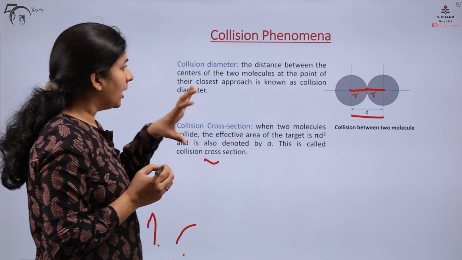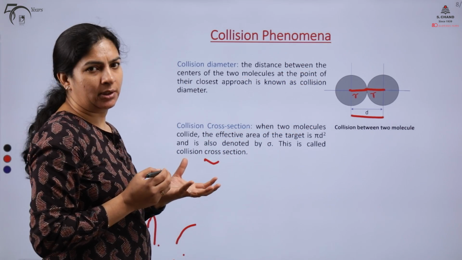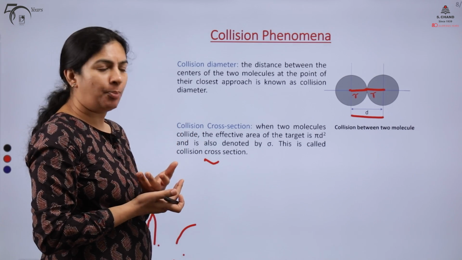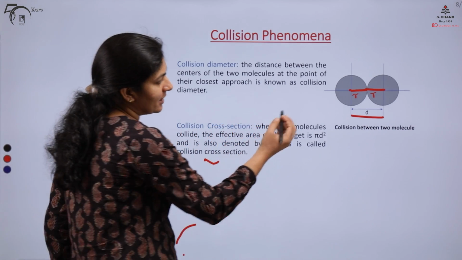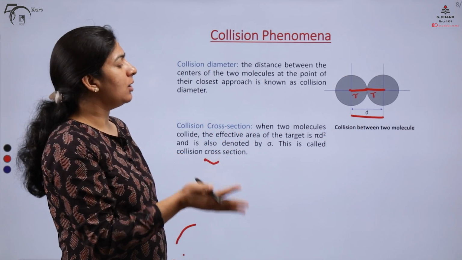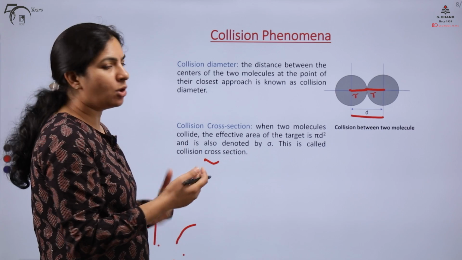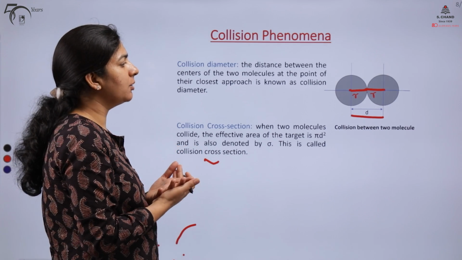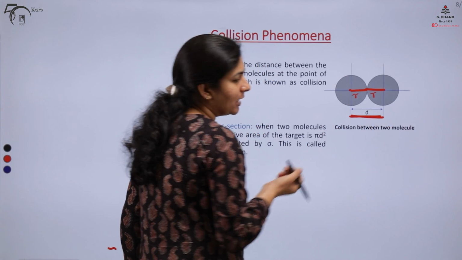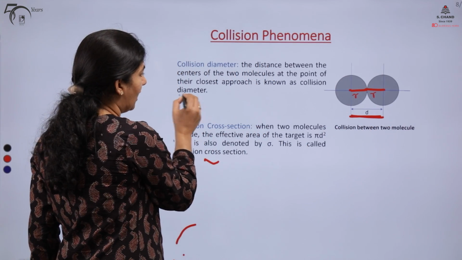The collision diameter, or the distance of closest approach. It is this distance at which we consider that one molecule has already undergone a collision with the other molecule. We define this d as collision diameter.